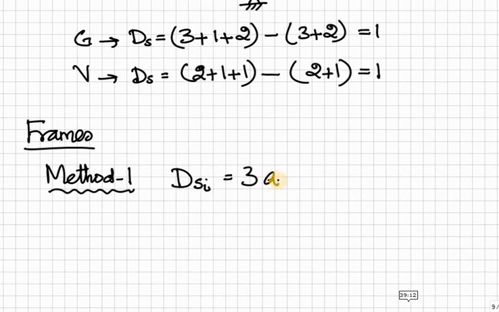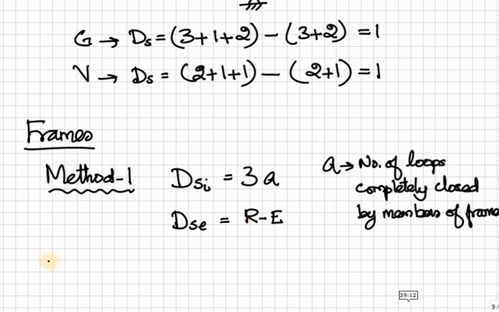That is, dSi is equal to 3 times A, dSe is equal to capital R minus capital E. Where A is nothing but the number of loops completely closed by members of frame, and capital R is nothing but total reactions, capital E is nothing but total available equations.